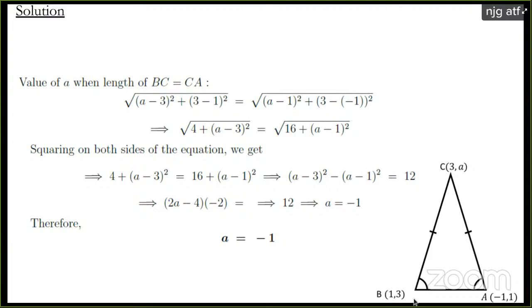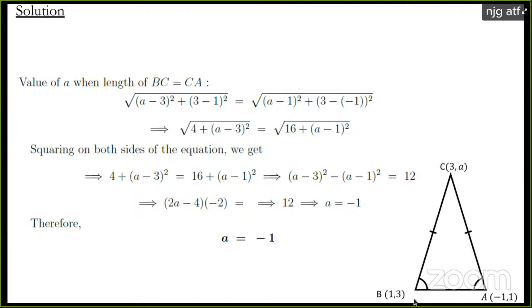Or just consider a − 3 as capital A and a − 1 as capital B. So A square minus B square will be equal to (A + B) times (A − B). You will get (2a − 4) times (a − 3 − (a − 1)), which will be minus 2.